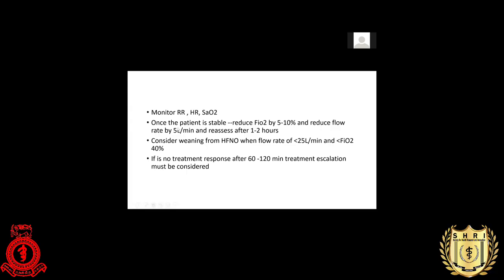Once the patient becomes stable, and you have decided this patient no longer needs high flow nasal cannula, then you can wean off. How are we going to wean off?